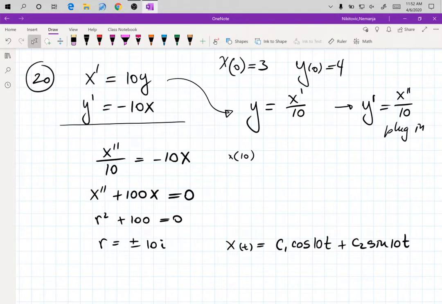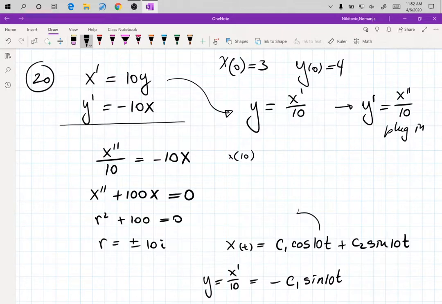And we can quickly come up with what y is, because we know that y is x prime over 10. So the derivative of cosine is negative sine, and then there is 10 in front. If I just write the solution, would your brain explode? There is a 10 that jumps out, and then it's over 10, and it's negative, and then there is a c1.